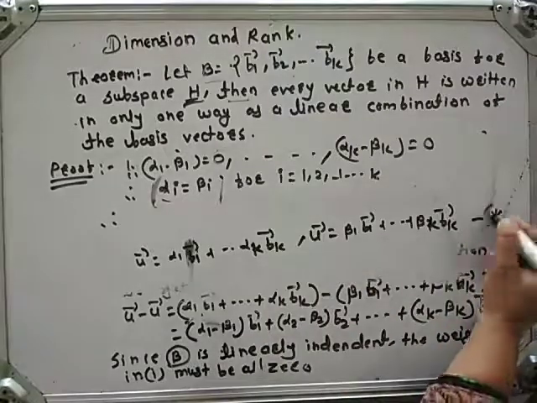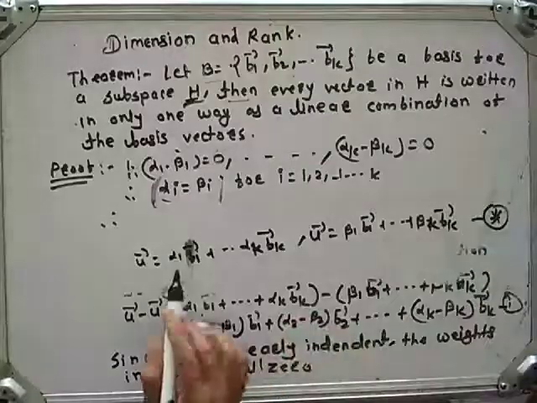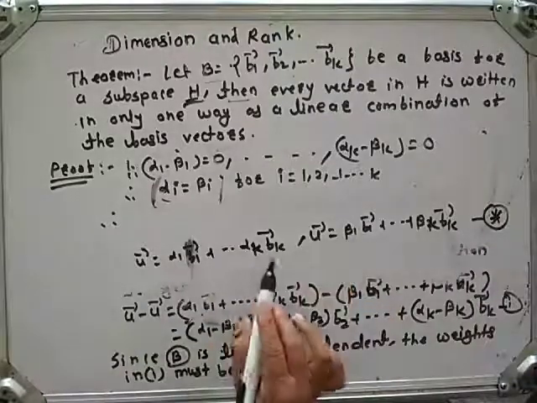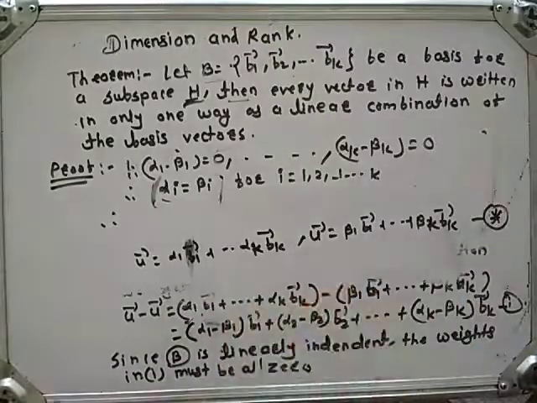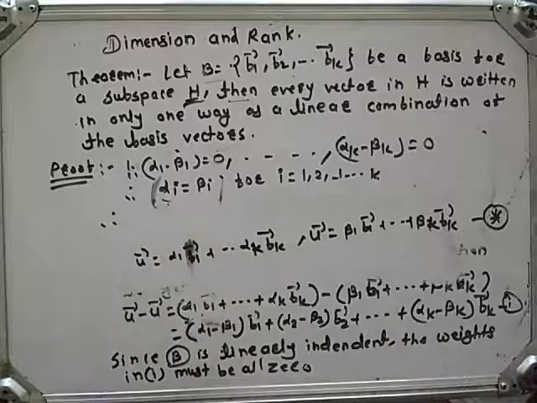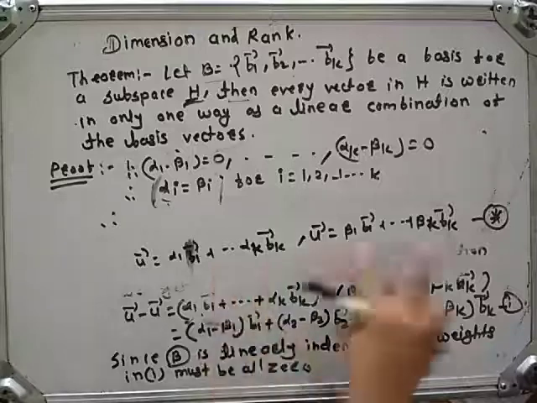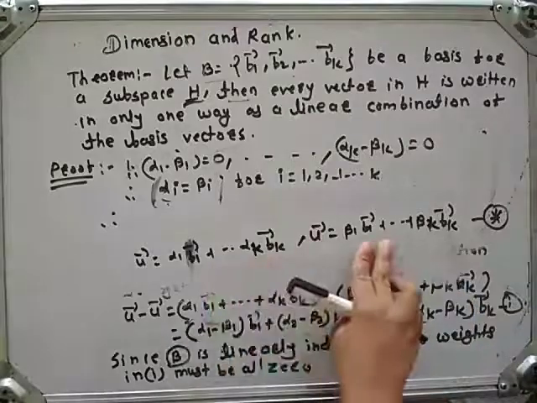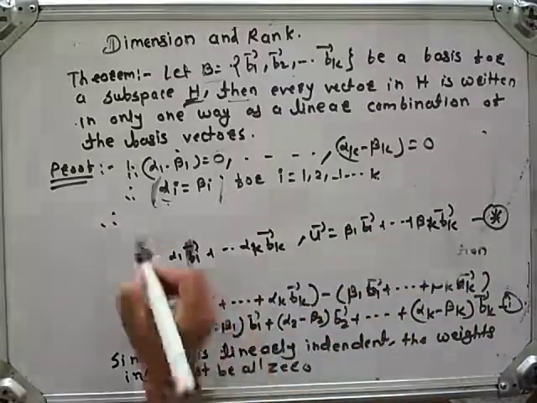Suppose this equation is star. Here alpha 1 is equal to beta 1 and so on up to alpha k is equal to beta k. So this shows that the two representations in this equation star are actually the same.